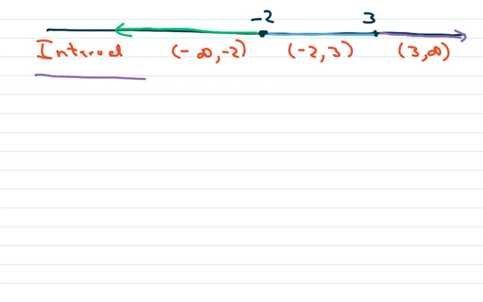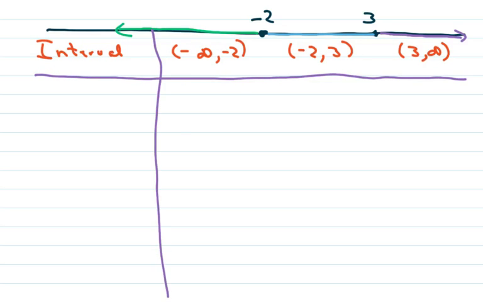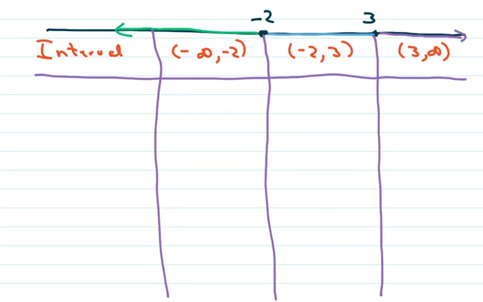And I'm going to pick some points here. I pick as close to -2 as possible without being a fraction. So I'm going to choose -3. If I can choose 0, I will. And then I'm also going to choose 4 here. I can't choose 3 because that's a vertical asymptote.